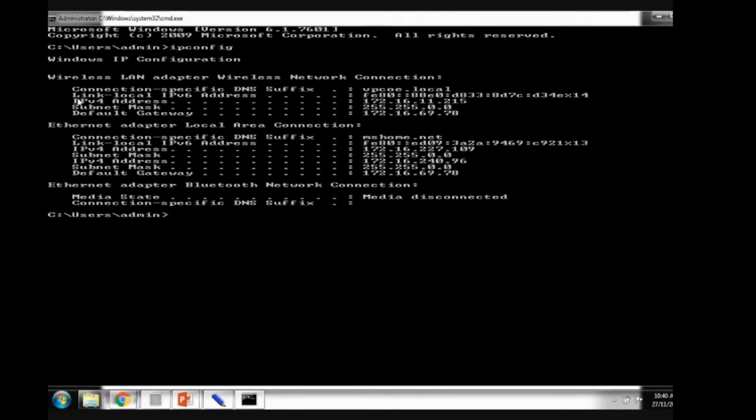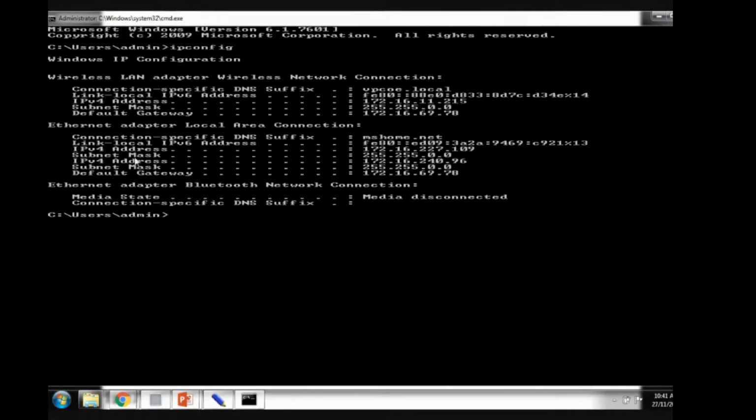This is the IPv4 address, 170.16.11.215. Then you will find the subnet mask, which is 255.255.0.0. And one more is the gateway, which we will understand later in the transport layer. So it is giving you a mask also.